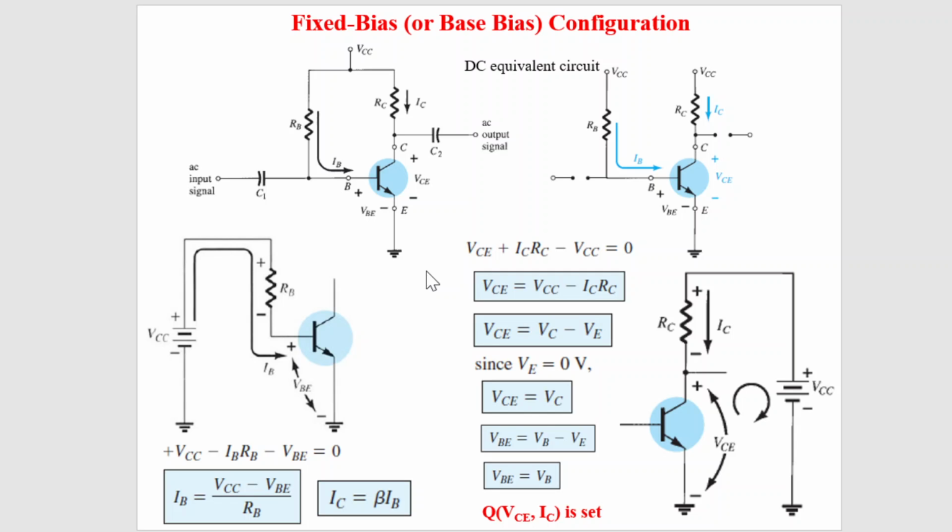And rather than using two DC power supplies, one can use one battery, one DC power supply. So you take one DC power supply, which we call VCC, and the positive end of this, plus VCC, is connected through a resistor to the base, and this plus VCC is also connected to the collector of the transistor, and the emitter end is connected to ground.